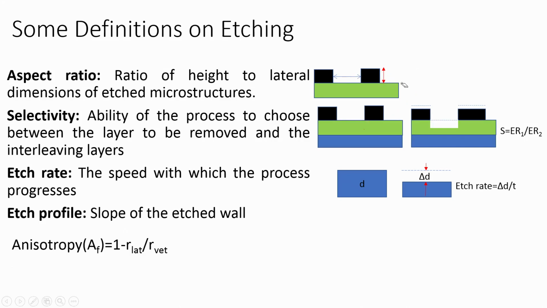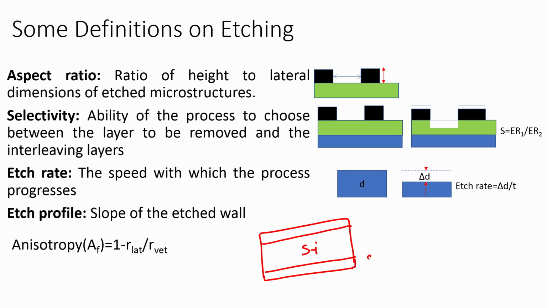Next is etch rate. Etch rate is the speed with which the process progresses. Suppose I have a silicon dioxide, let me just draw it once again, okay. I have an oxidized silicon wafer. What is an oxidized silicon wafer? Silicon dioxide, right.